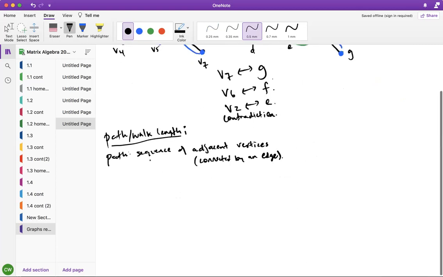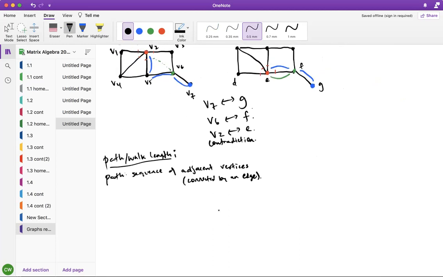For example, for the path from V7 to V2, there's a couple of them. Here's one path: V7, V6, V5, V2.